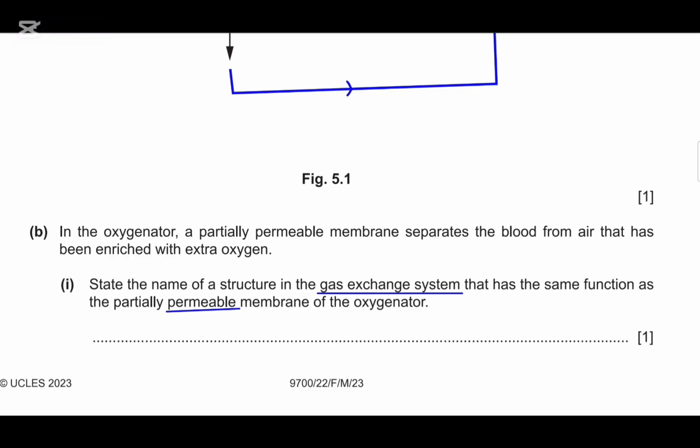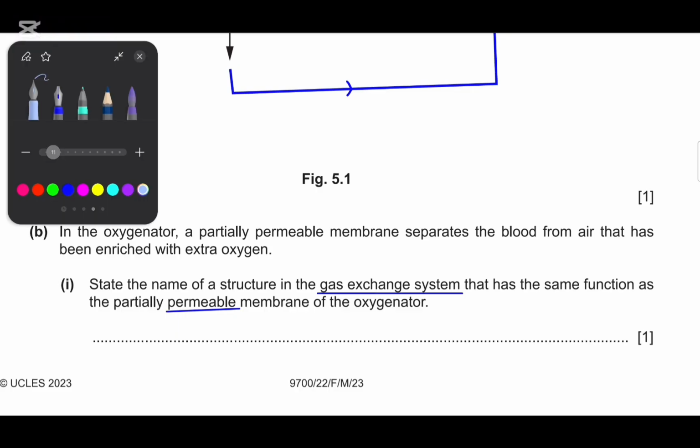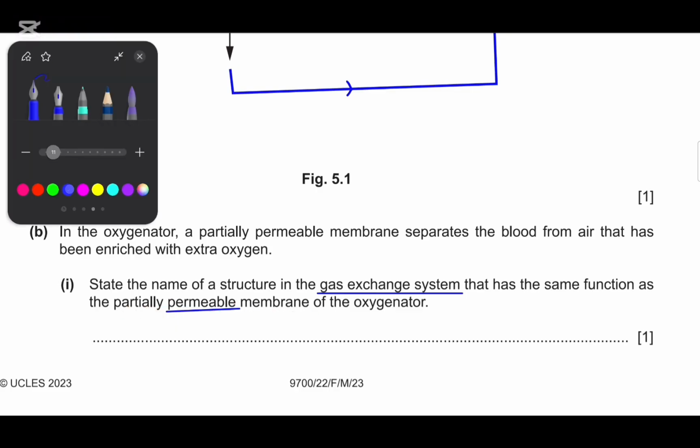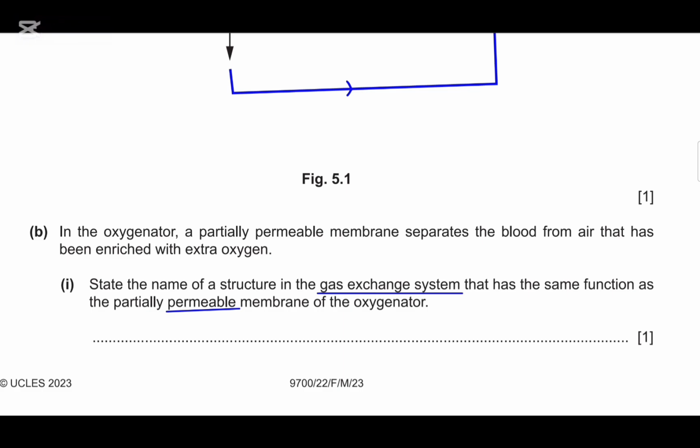Since this is talking about the one with a partially permeable membrane, it is asking about the walls of the alveoli, because the only gas exchange system in our lungs is the alveoli. That is where oxygen and carbon dioxide diffuse in and out.